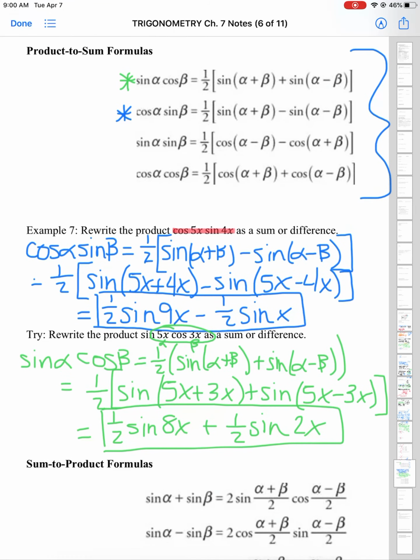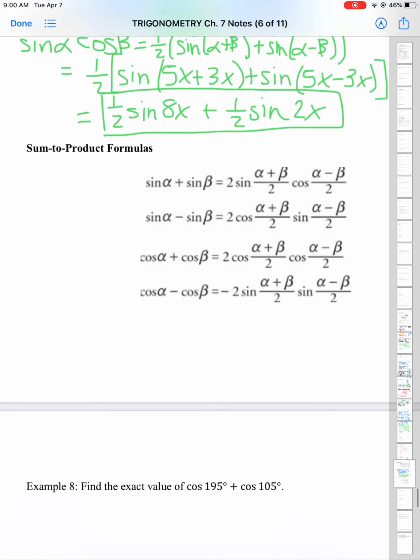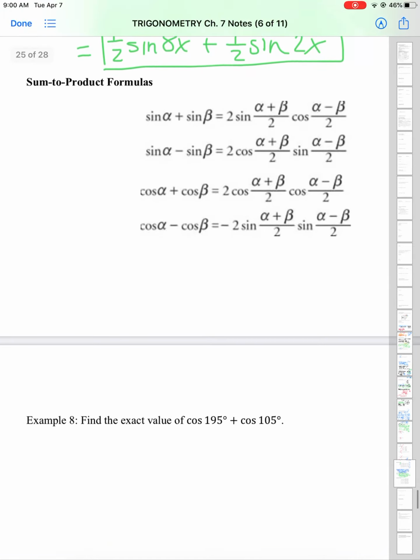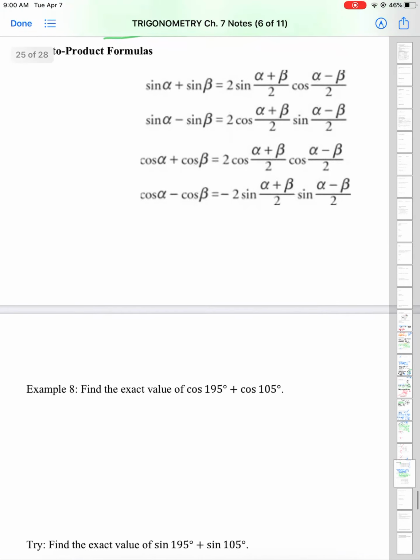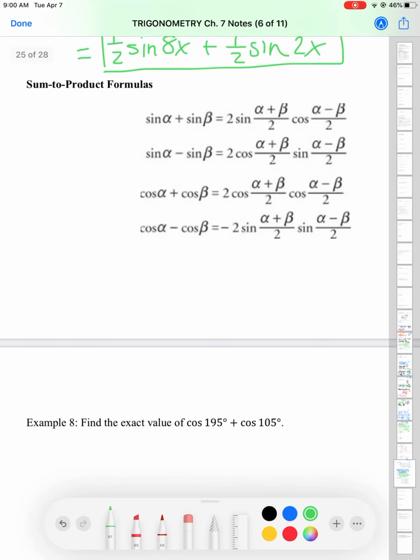So we can go from products to sums and differences just like we can go from sums and differences to products. So our next couple examples, we're doing just that. We're going from addition and subtraction to multiplication.